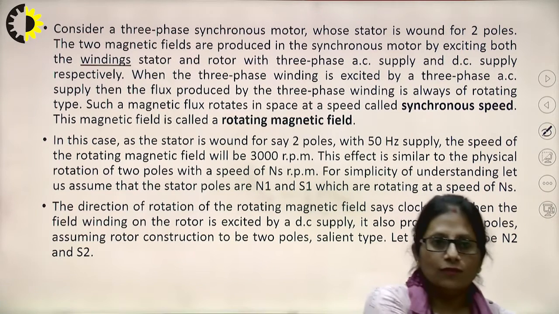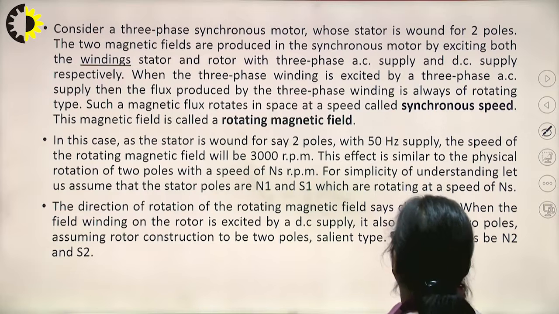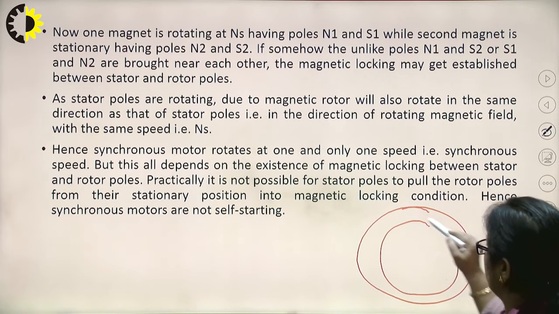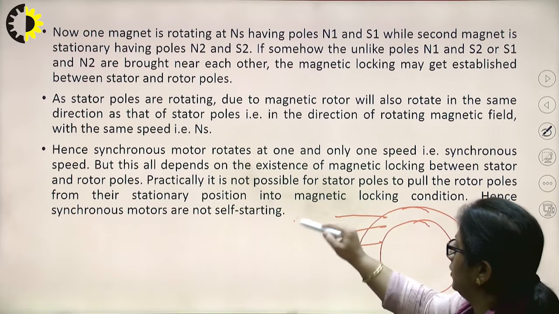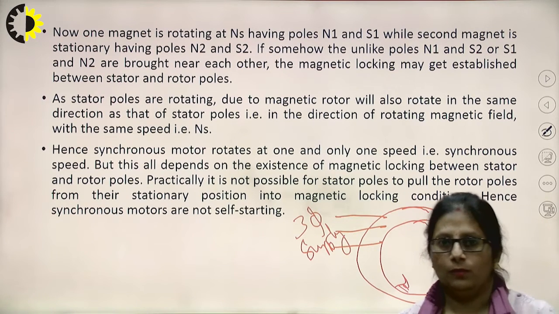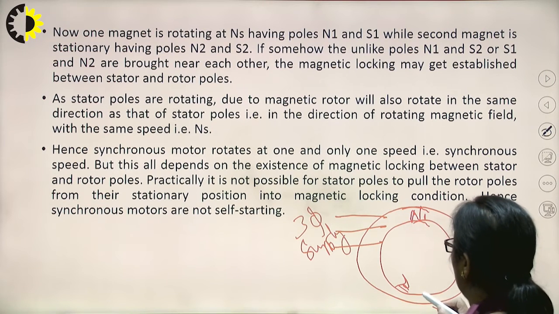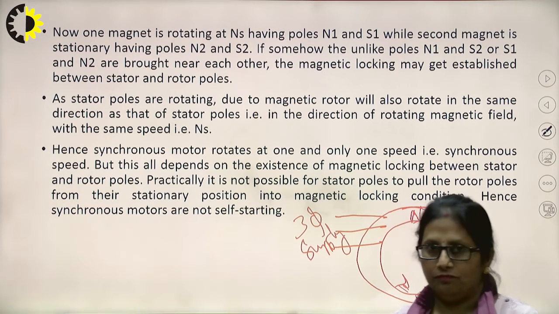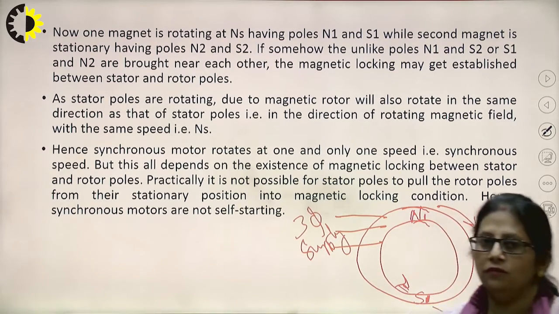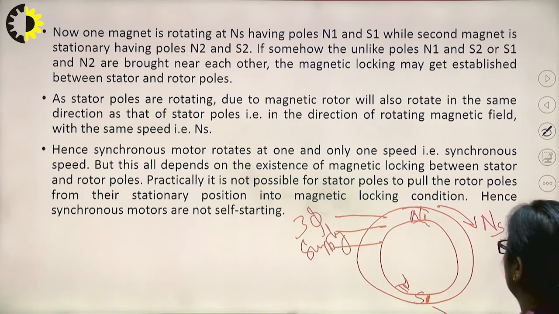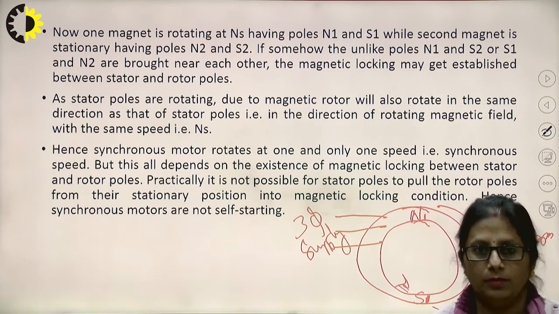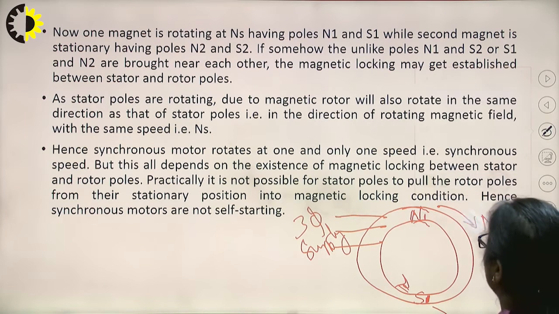Say this is the stator. When we give a 3-phase supply to the stator, there is a production of a rotating magnetic field, and it produces 2 poles, N1 and S1, in the stator. The direction is clockwise, rotating with the speed of Ns, which for 2 poles has to be 3000 rpm. Now, the rotor is also salient type, made for 2 poles.